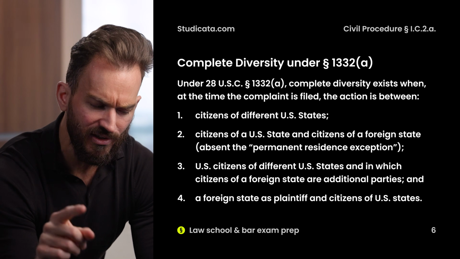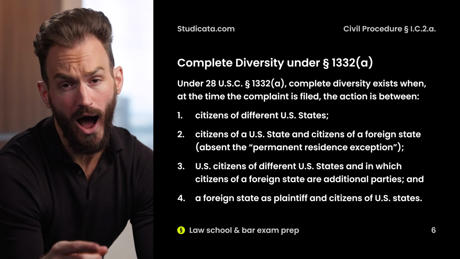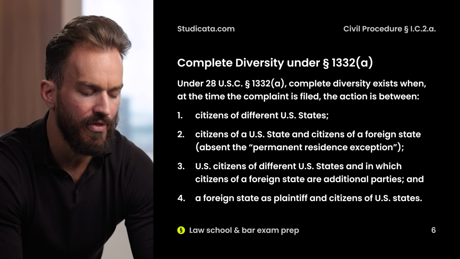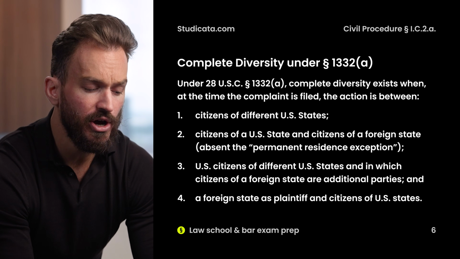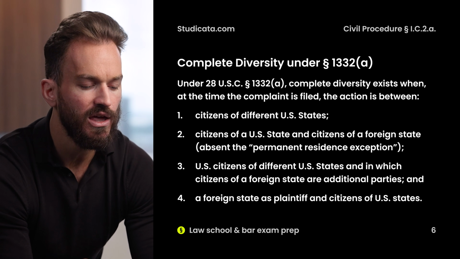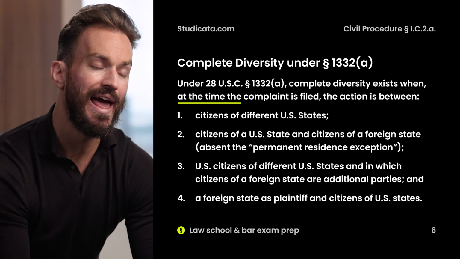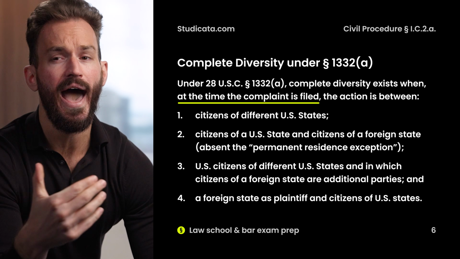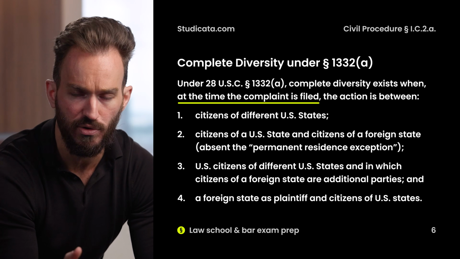Okay, but before we jump into that, one other important note to make here is just a timing issue. Under 28 U.S. Code Section 1332(a), complete diversity exists when at the time the complaint is filed, the action is between citizens of different U.S. states.